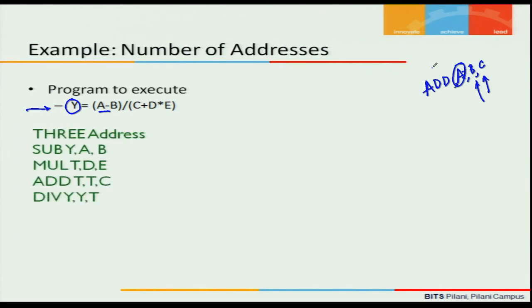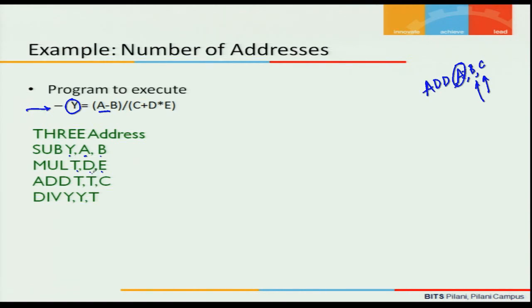So this is how we will solve the problem if we have a 3-address machine. The first instruction would be a subtraction of A and B, and I put the result in the register Y. After that, I do a multiplication of D and E values and put the result in another register T. T is my temporary register available to me in the processor.